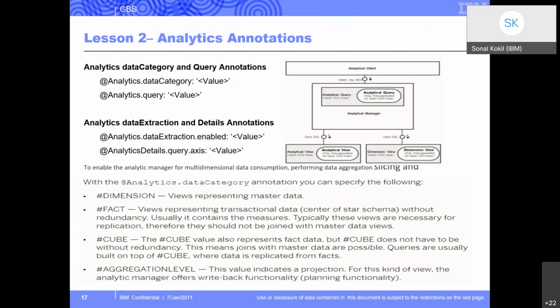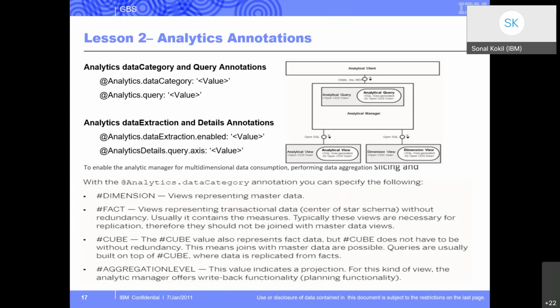So why do we call it embedded analytics? CDS views are there in ABAP as well, right? The ABAPers are also using CDS views nowadays if they are working in S4HANA. So when we say embedded analytics, this is one part which is additional on top of what ABAPers are doing. What ABAPers are doing is a little bit different from what we are doing in embedded analytics, and this is the main part.